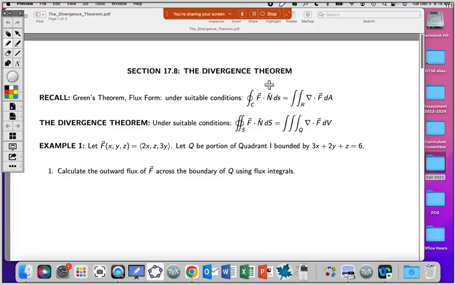Of Green's theorem. All right, so we had the outward flux was equal to a double integral of the divergence. And so another way we can generalize this is if we go up a dimension, and instead of looking at the outward flux across a region, so we had Green's theorem.